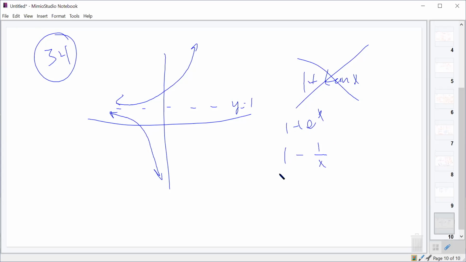And if the solution was 1 minus 1 over x, it seems like, what would we have to have there? One minus 1 over x. What is the 1 over x doing?